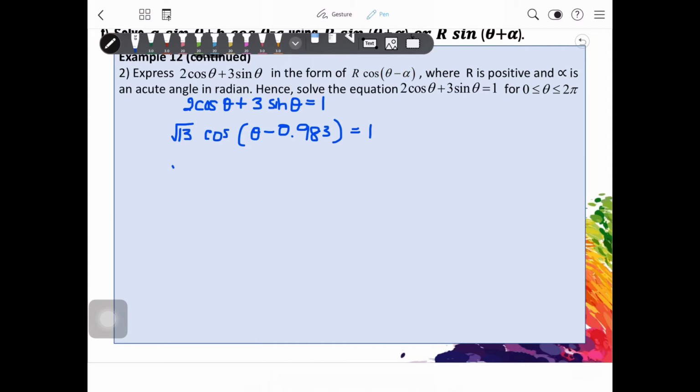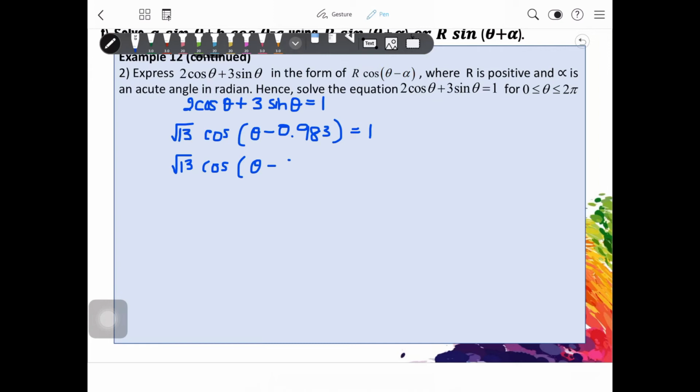Now, if you're not familiar with radian, you can always change it into degree first, and then at the final answer, you change it back to radian. I will prefer to do it in degree.